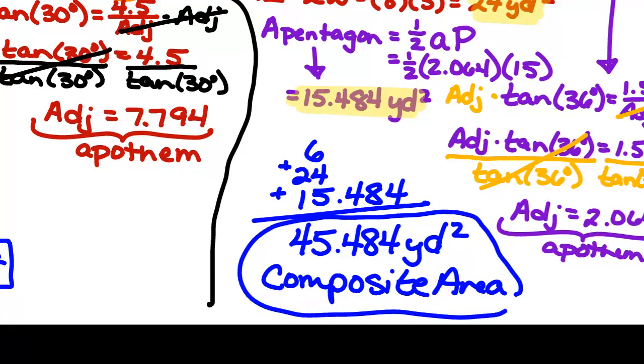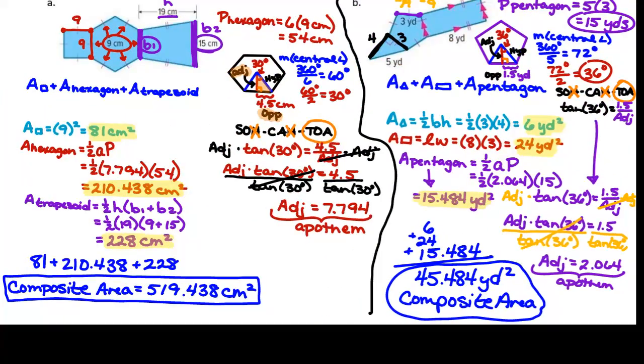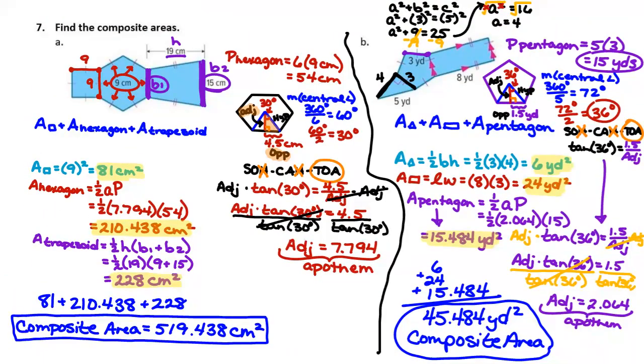There's our composite area. All right. I'm going to go look at example C next.